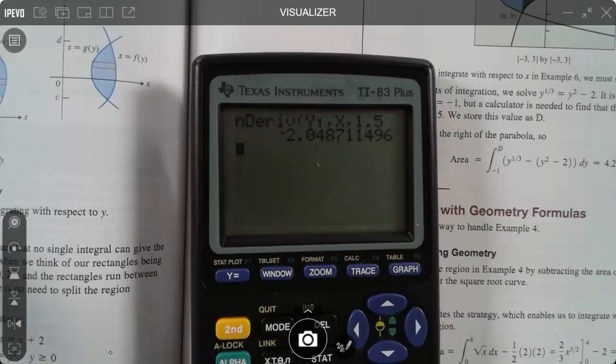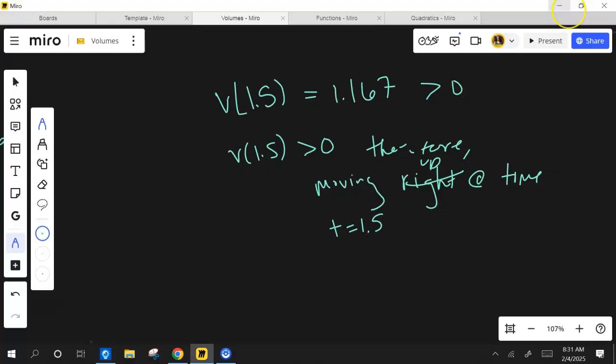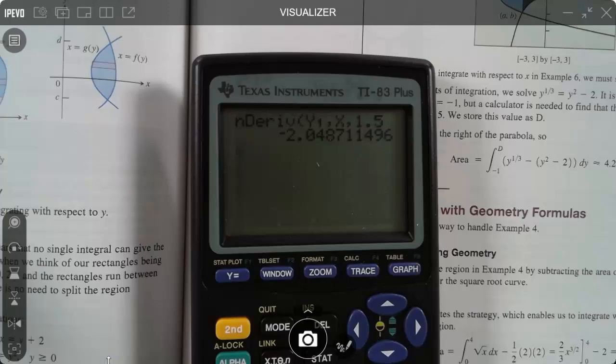Part C asked you, given that y of t is the position of the particle at time t and y of 0 is 3, find y of 2. I probably did a little more work than what I had to do here, because you could have technically used the fundamental theorem here. But, okay, let me show you because you need to know how to do that.